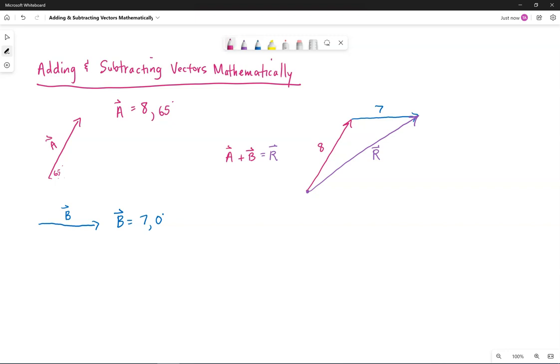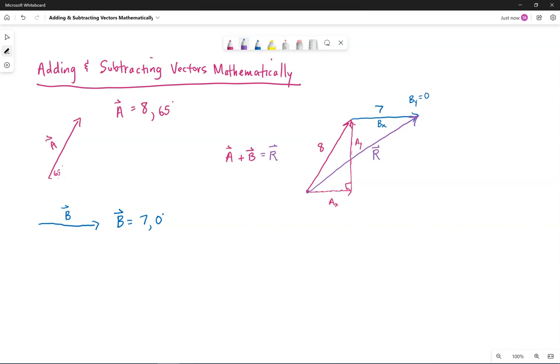Mathematically, if we think about vector A having an x component to the right and a y component pointing upwards, we can definitely find those components. And then vector B is all x component, no y component.